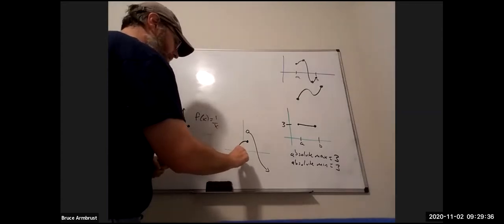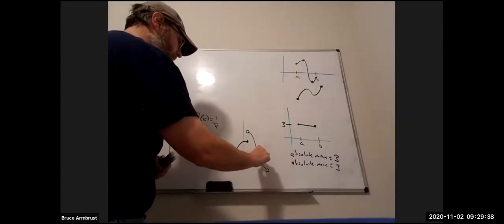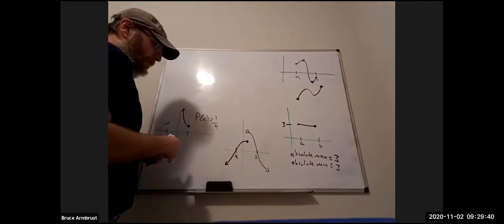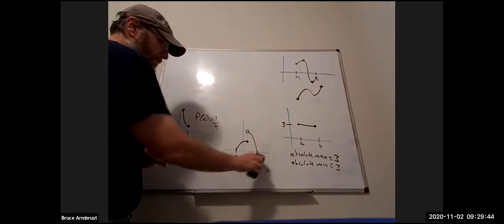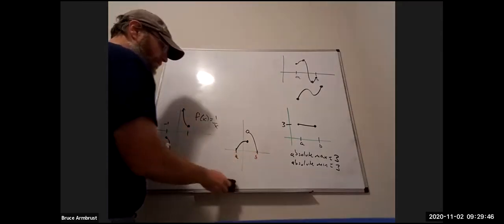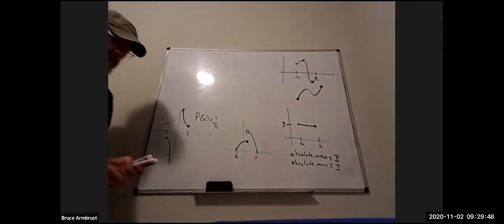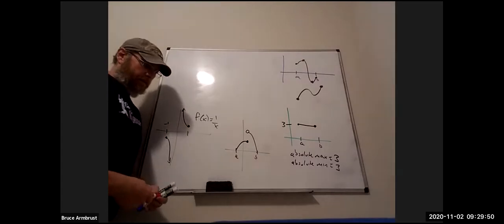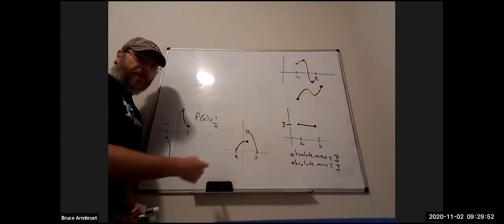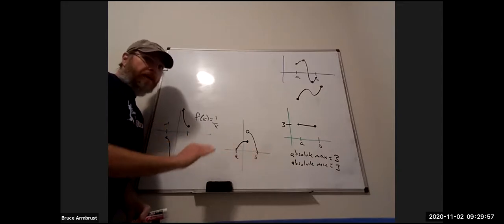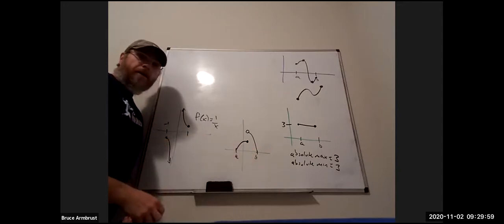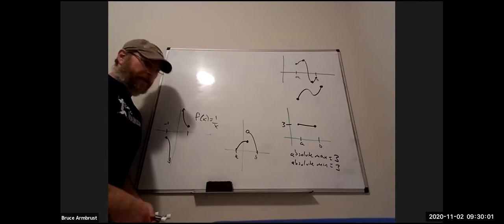Let's say that this is a and this is b. So if we just go from a to b, eliminating all this other stuff, this one has an absolute min. The absolute min would be 0. Right? 0 is the smallest value that we get in here, but it doesn't have an absolute max.